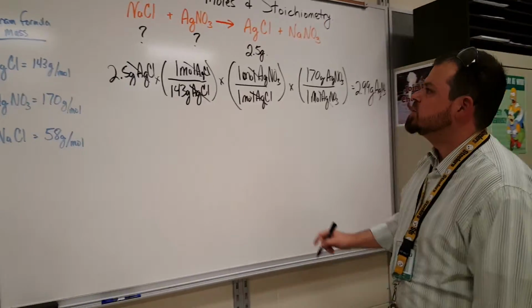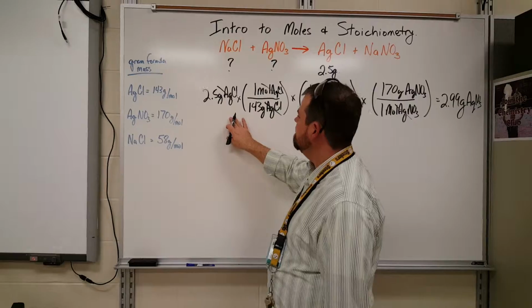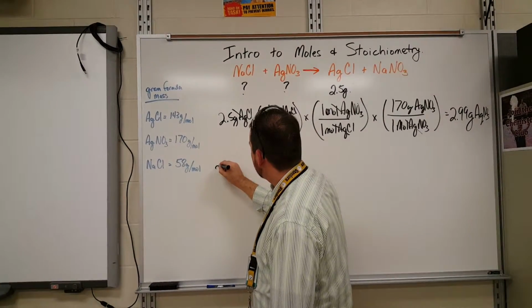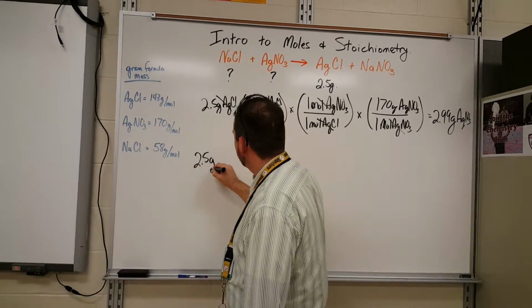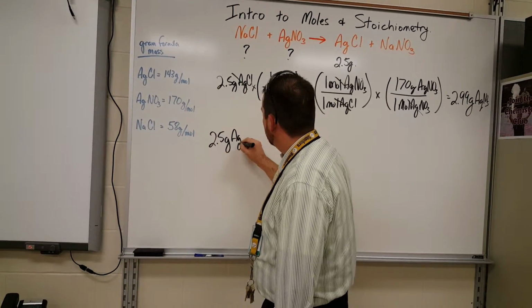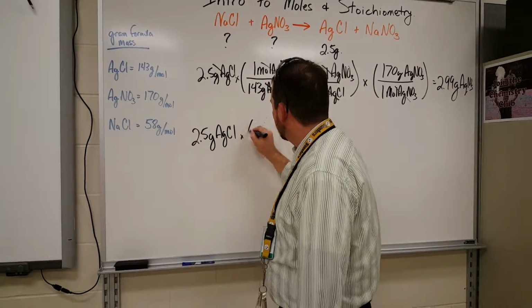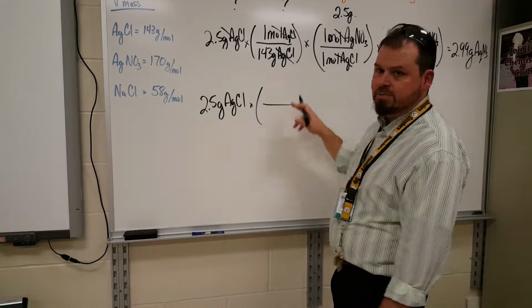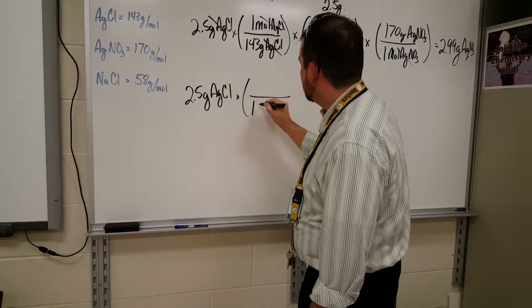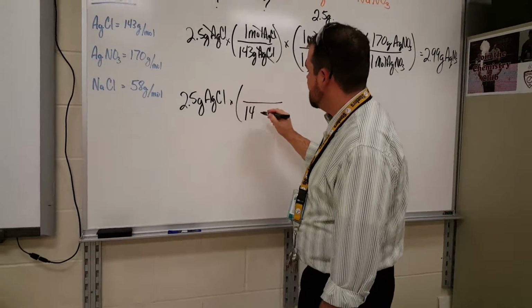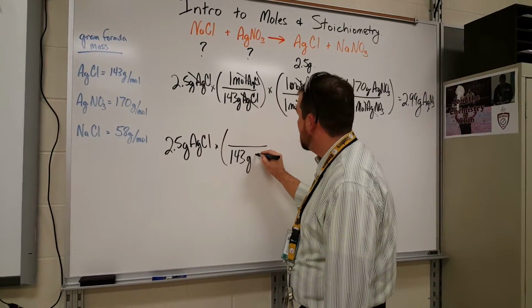Perfect. So again, I'm going to start with the product I want to get. I'm going to have to do this 2 times because I need to know 2 different chemicals to weigh up. So AgCl, I know it seems a little redundant. First step's going to be the same, which is nice, because I'm still in grams of AgCl, so I'm going to put grams of AgCl on the bottom.